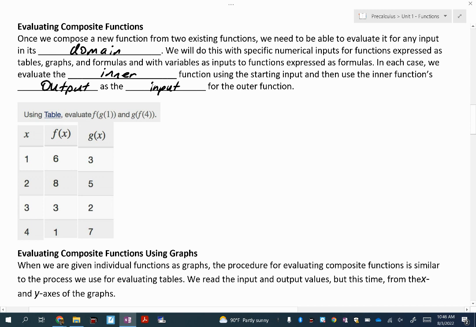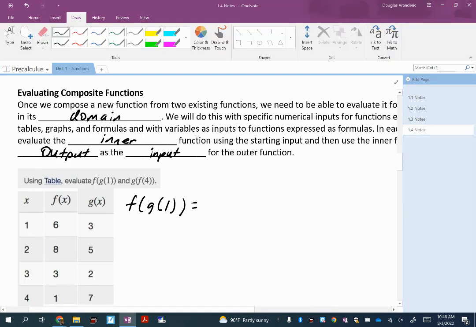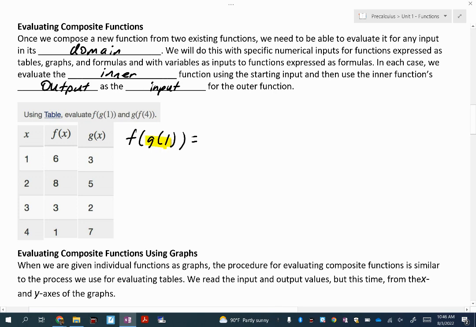When I went over this with students when I used to teach Algebra 2, I told them that it's almost like you're doing 2 for the price of 1. You've got to do 2 evaluations to get your 1 answer. So for example, let's do f of g of 1. All I'm going to do first is focus on the inside function.